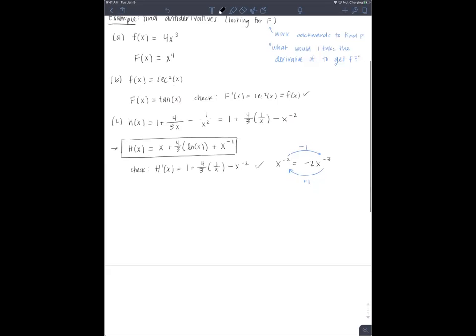So note, capital H of x equal to x plus 4/3 times ln of x plus x to the power of -1 plus 962. That's also an antiderivative of little h.